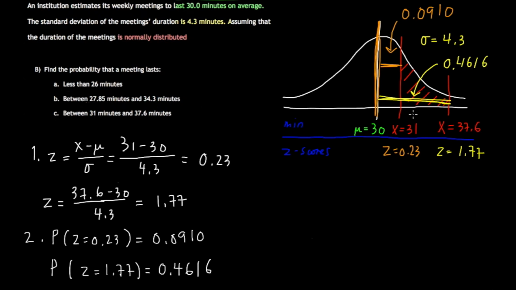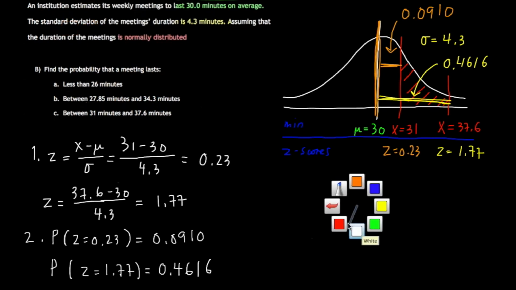Now, I'm just plotting the distance horizontally, but you understand that the 0.4616 is all of this right here. Same as, I'll take the orange again, the 0.0910 is this area right here.